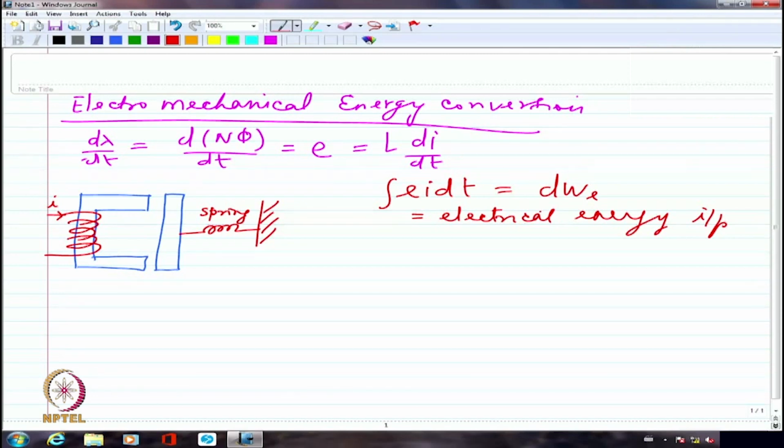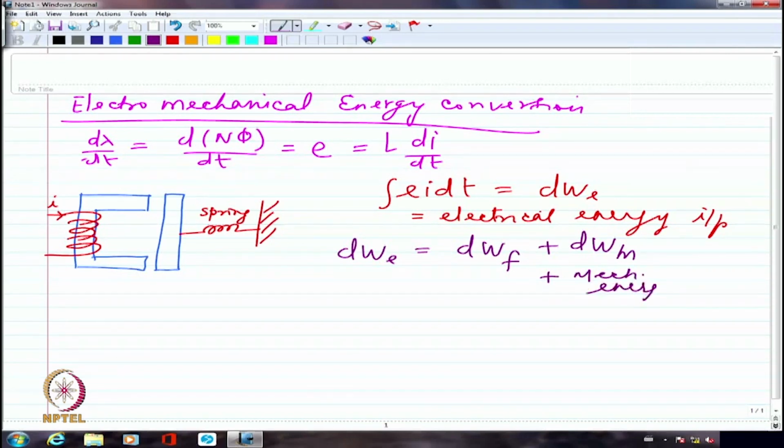So, normally under general circumstances dWe equal to dWf plus dWm, where this is the mechanical energy, this is the magnetic field energy, and this is the electrical energy.